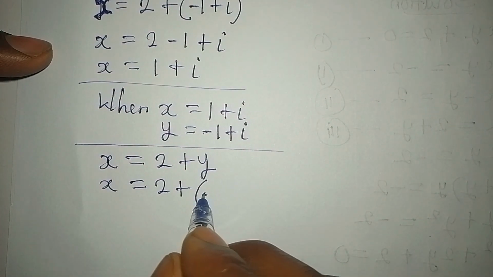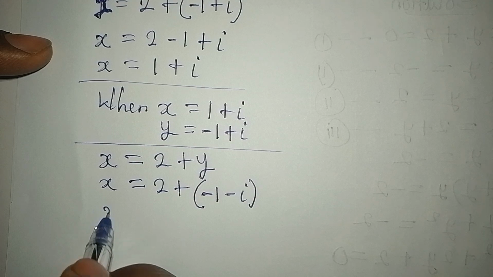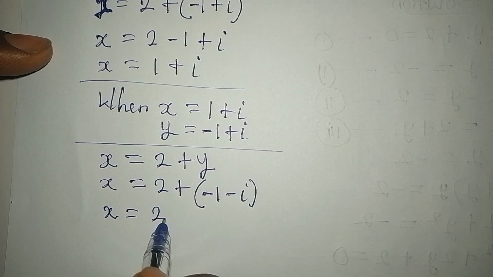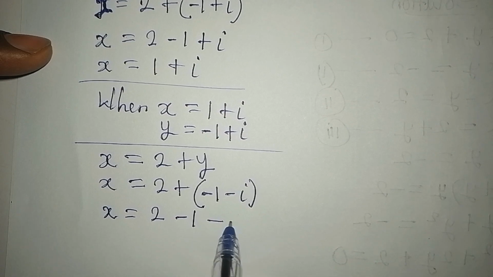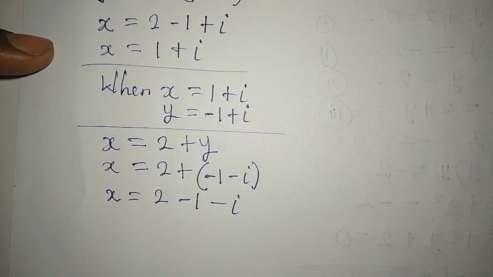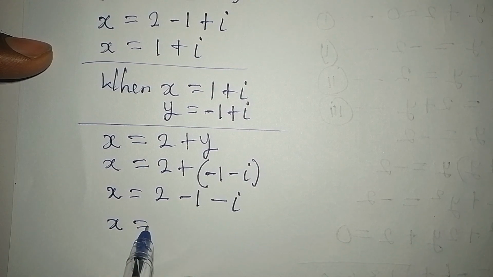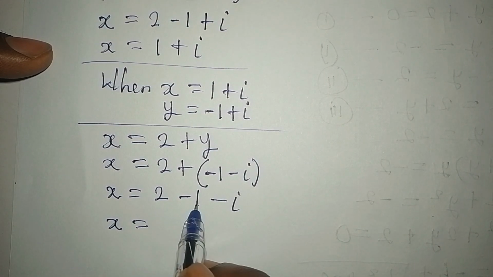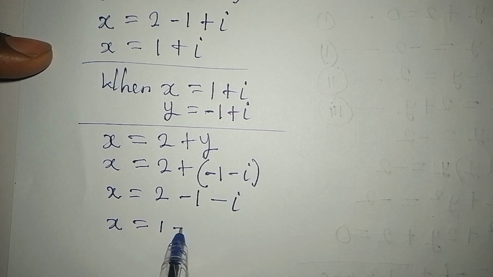So I have −1 − i, close this. If you open this, you're going to have −1, then − i. So from here we have x equal to 2 − 1, which is 1, then − i.